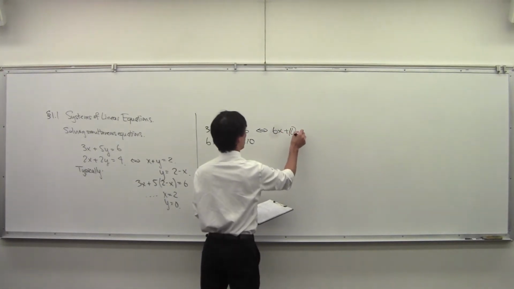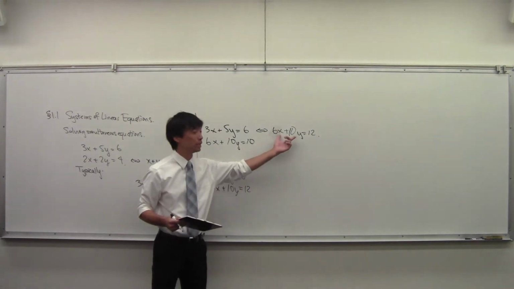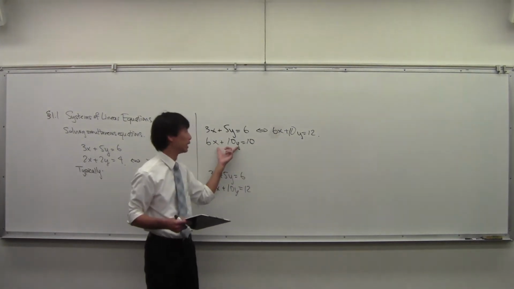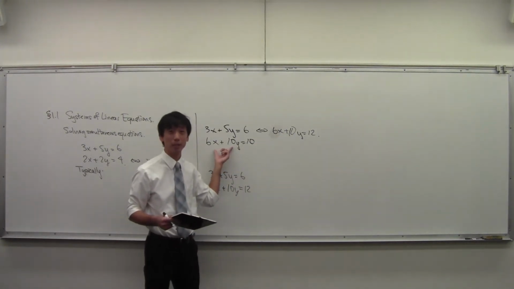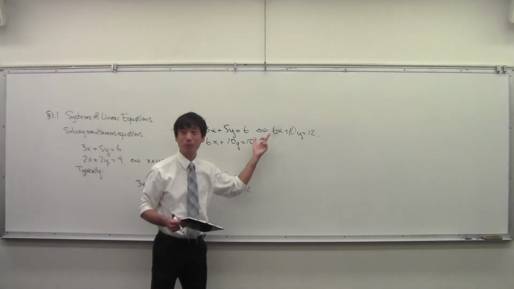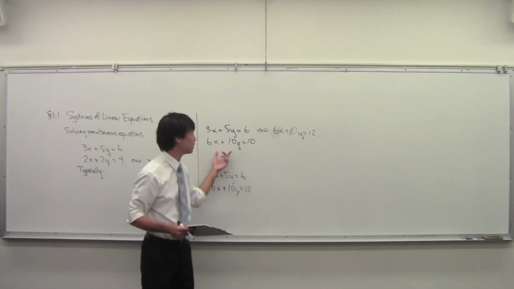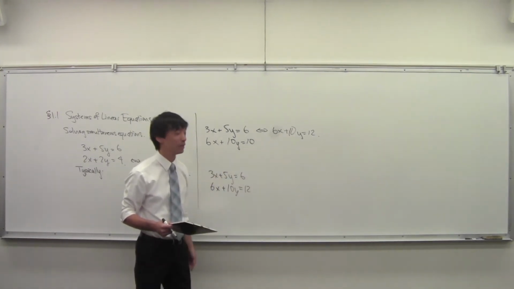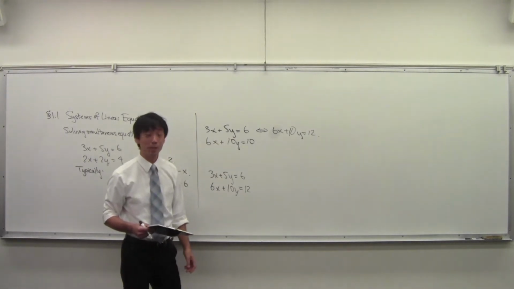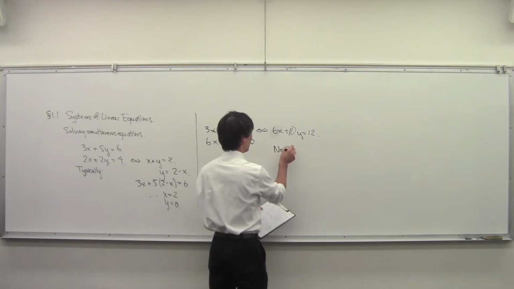So your x and y would have to satisfy this equation and this equation simultaneously, and that's impossible. Because 6x plus 10y being 12 prevents you from having 6x plus 10y equals 10. So this would have you find that there are no solutions.